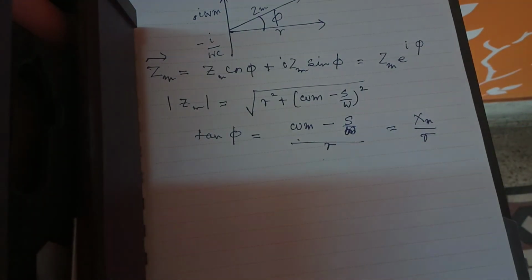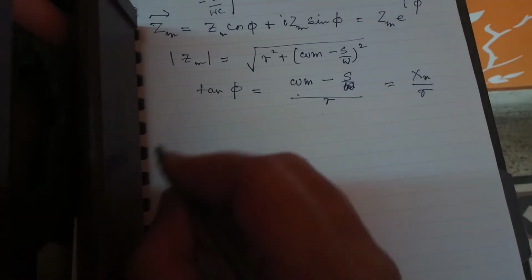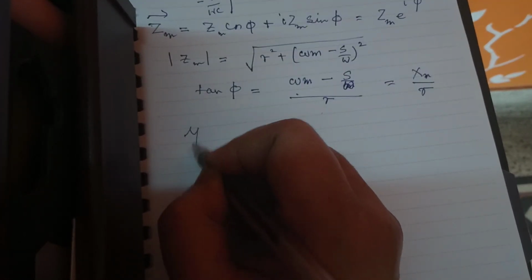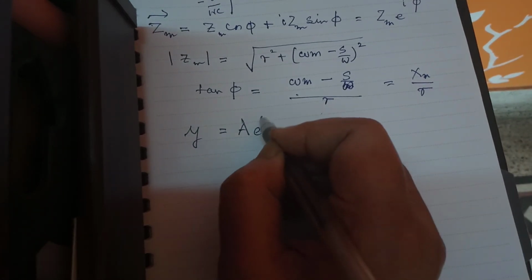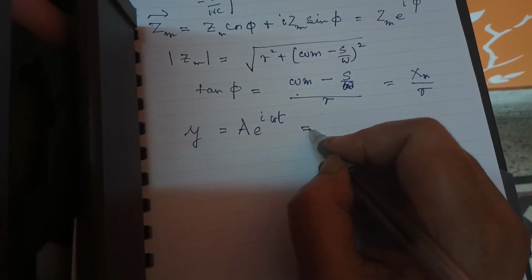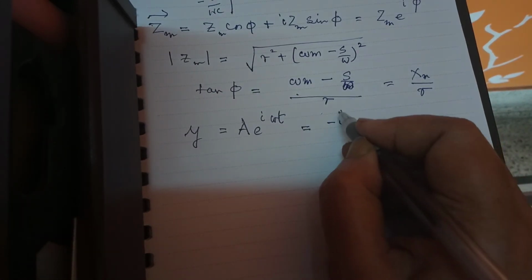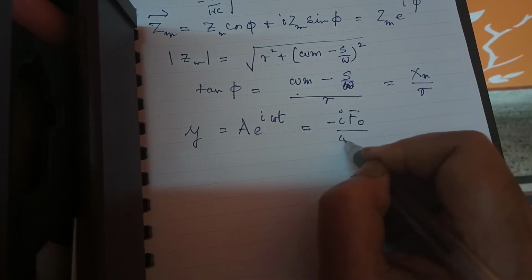Finally, therefore, what is your solution for a forced vibration? Y is equal to a e to the power I omega t. That's what we took. Now we can substitute for the value of a, minus I f naught by omega Zm.